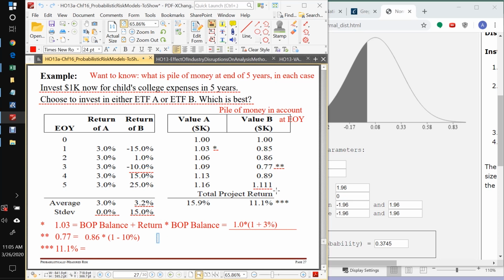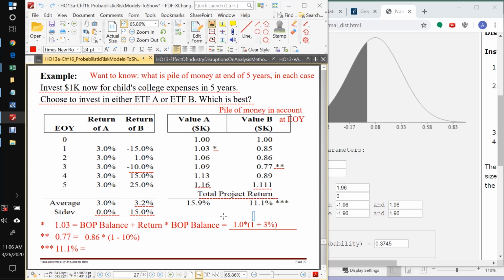Okay, and a good thing to measure with projects like this, you can compare the pile of money that we have at the end of the project with different investments. We can also compute something called the total project return, which is also very useful. And the total project return is simply what we wound up with minus what we put into the project, quantity divided by what we put into the project.